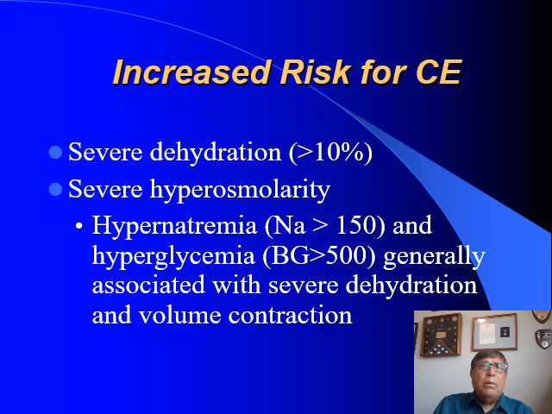Serum sodium level normally in DKA is in the low normal or low side, but if the patient has hyponatremia at the time of presentation and hyperglycemia more than 700 (500 is very common, 700), this means the patient has lost lots of fluid, the dehydration is very severe, and the volume contraction is also very severe, and this patient is at risk.